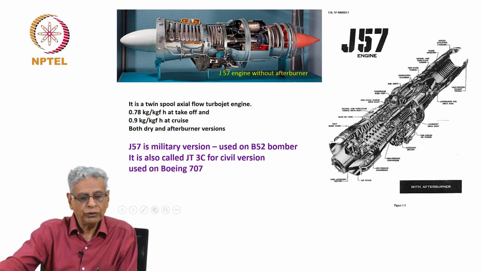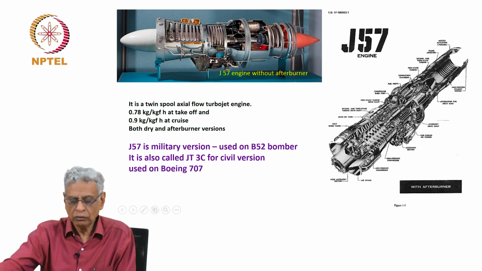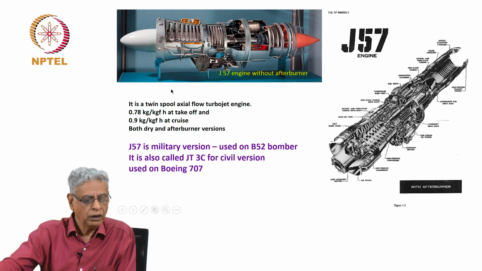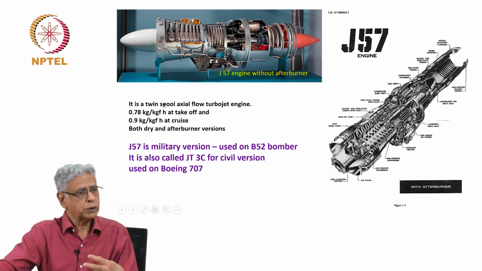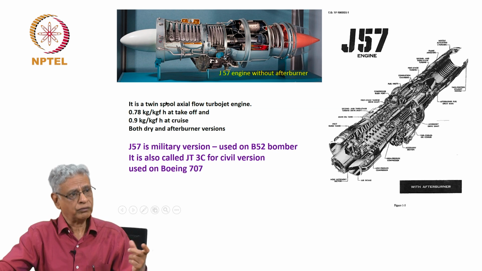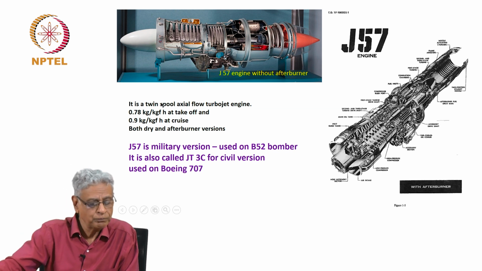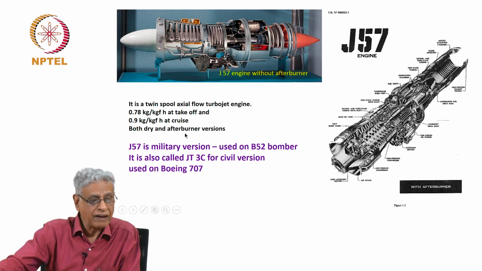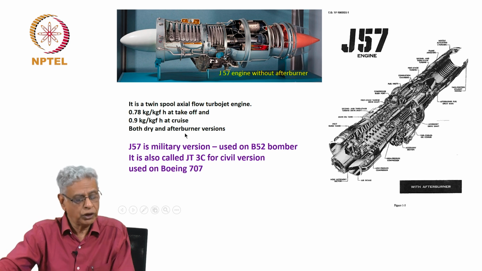The engine whose cross section I have shown here is without afterburner, and this is with afterburner. This is of course a twin spool engine. There is a high pressure compressor and a low pressure compressor. It has some performance which is shown here, and when it goes on afterburner, the fuel consumption rate is much higher.